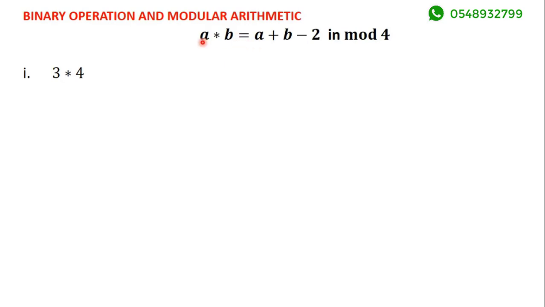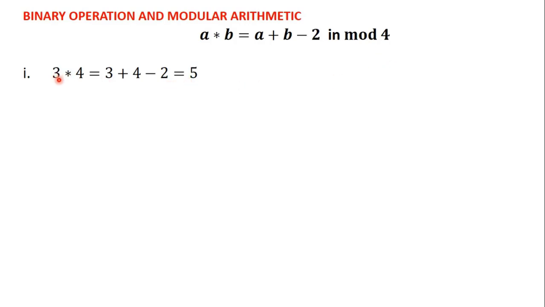So now the definition is A star B is equal to A plus B minus 2 in mod 4. To find 3 star 4, we will first use the binary operation to evaluate 3 star 4. We have seen how to do it. We are going to have 3, which is the first number, plus 4, which is the second number, minus 2. 3 plus 4 minus 2 will give us 5. But this time, the definition of the binary operation was given to us in mod 4.